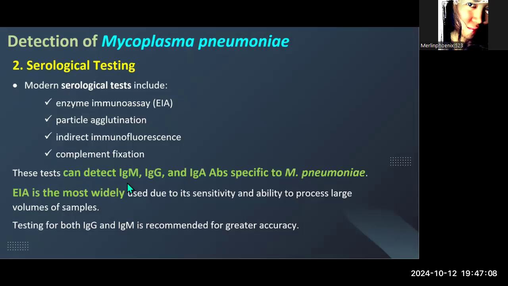Modern serological tests include EIA, particle agglutination, indirect immunofluorescence, and complement fixation. These tests can detect IgM, IgA, and IgG antibodies specific to M. pneumoniae. EIA is the most widely utilized due to its sensitivity and ability to process large volumes of samples. Testing for both IgG and IgM is recommended for greater accuracy.